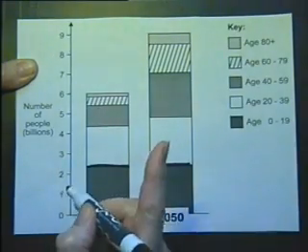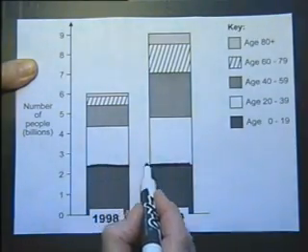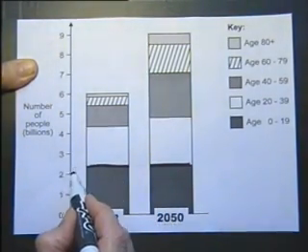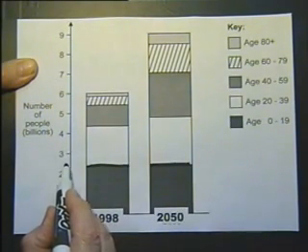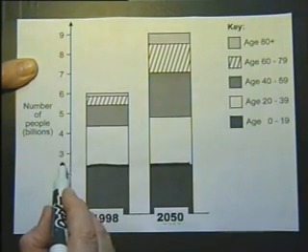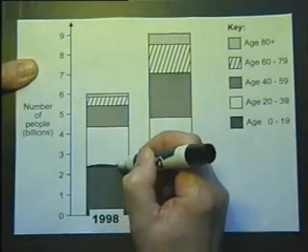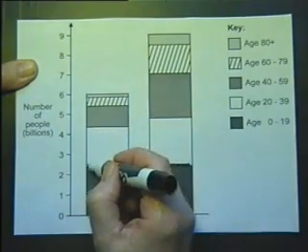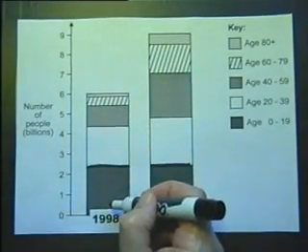But the question says the percentage. This is saying exactly the same number of people, in other words just under 2.5 billion people. But what percentage? If we look at this, then this is just under half of all those in 1998.